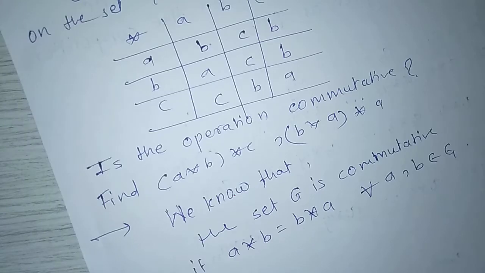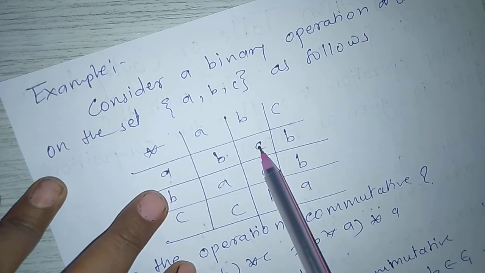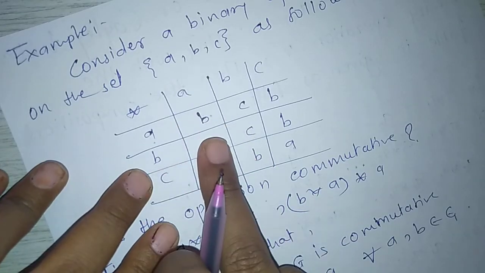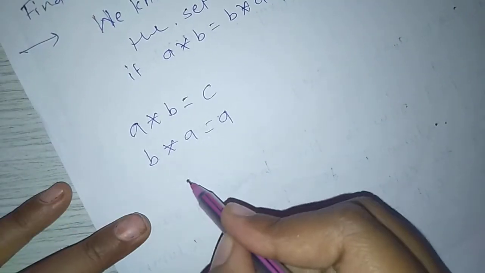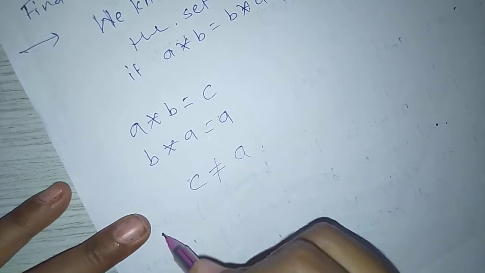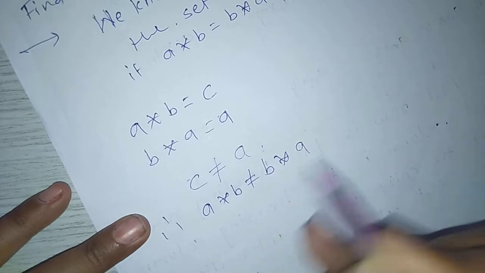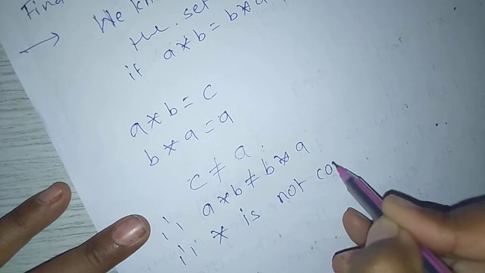Here, by this composition table, A star B equals C and B star A equals A. Here we see that C is not equal to A, therefore A star B is not equal to B star A, therefore star is not commutative.